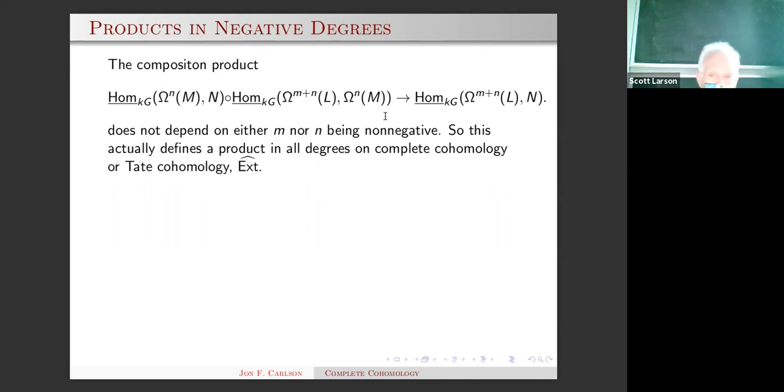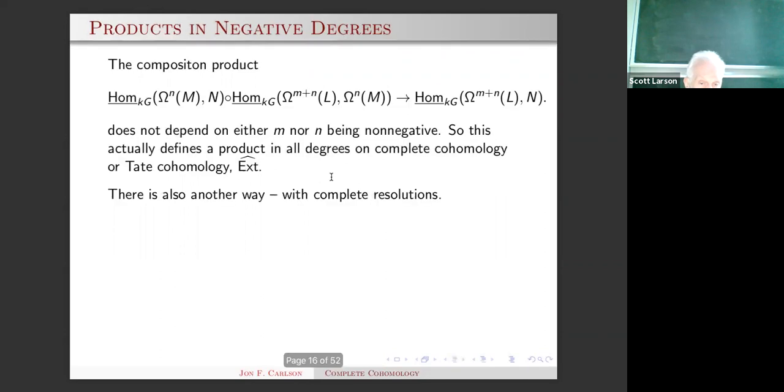And I can define a composition like this that would define a cohomology product. And this is in fact what we want. This gives us the product in all degrees on complete cohomology or Tate cohomology, and we'll talk about what that is in a minute. Okay.